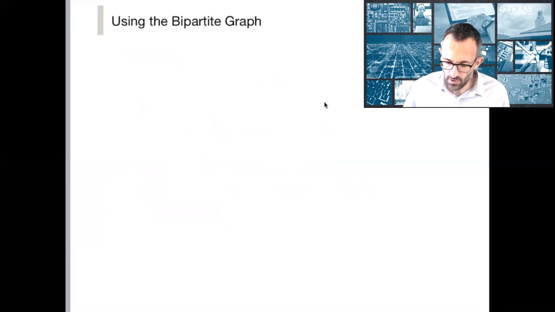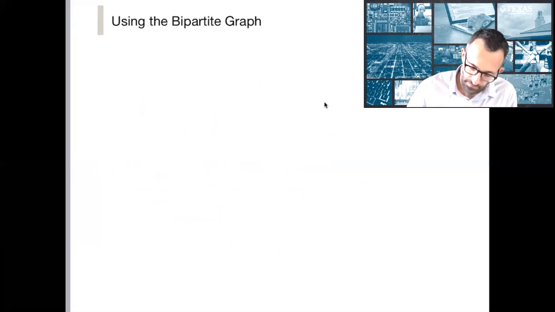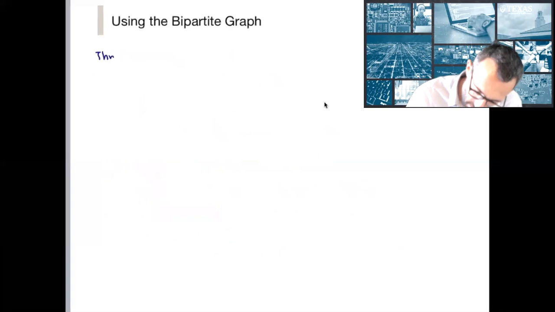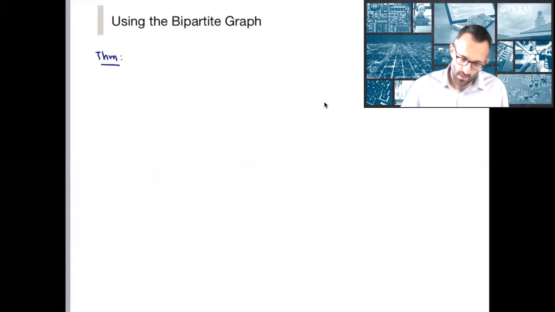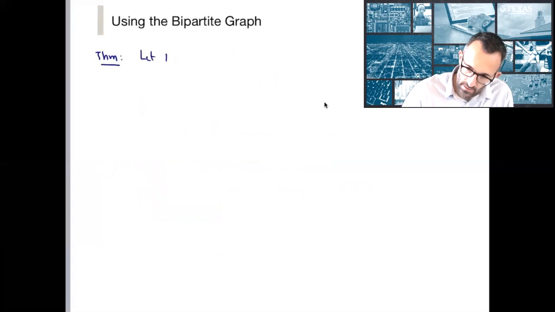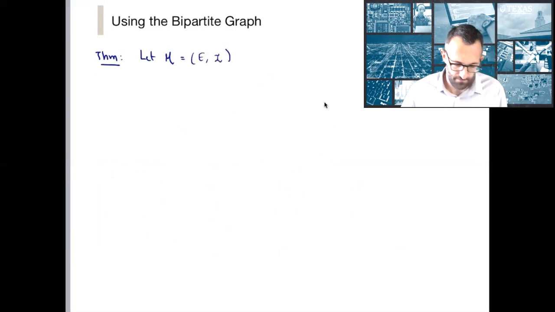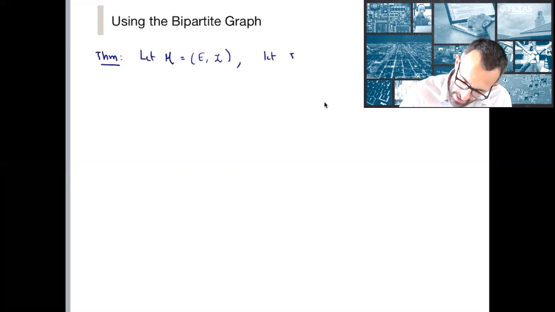Okay, now let's turn to other uses of this bipartite graph. Again, let M be our matroid. And now let's take two subsets I and J that are the same size, and I, but not necessarily J, is an independent set.